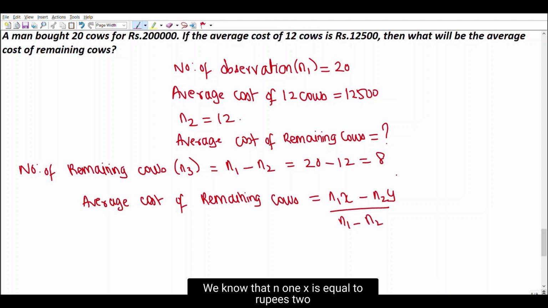We know that n1x is equal to rupees 2 lakh but we don't know n2y.